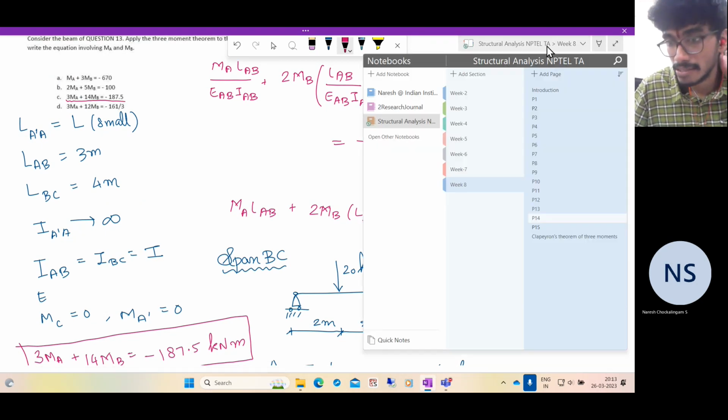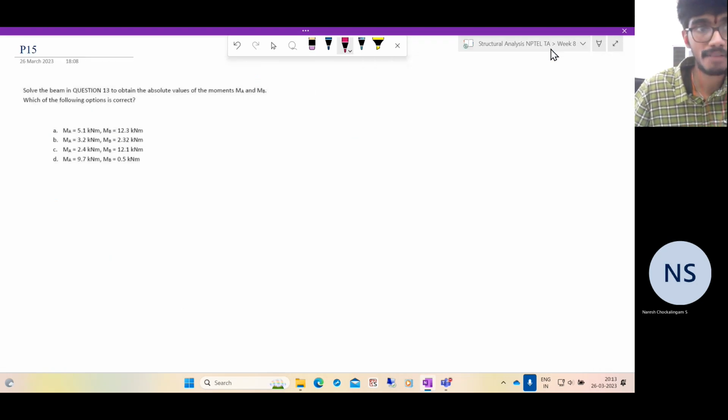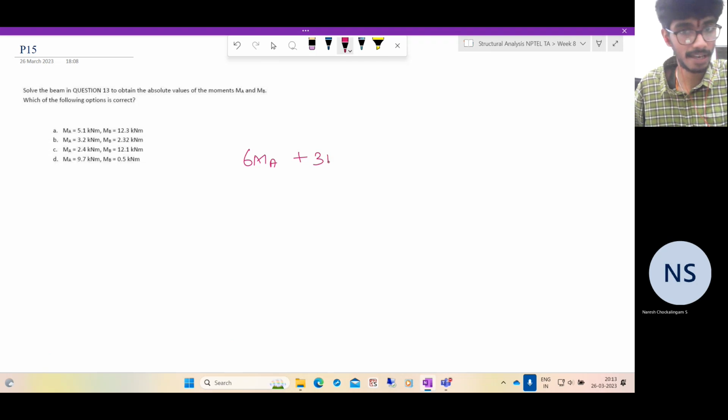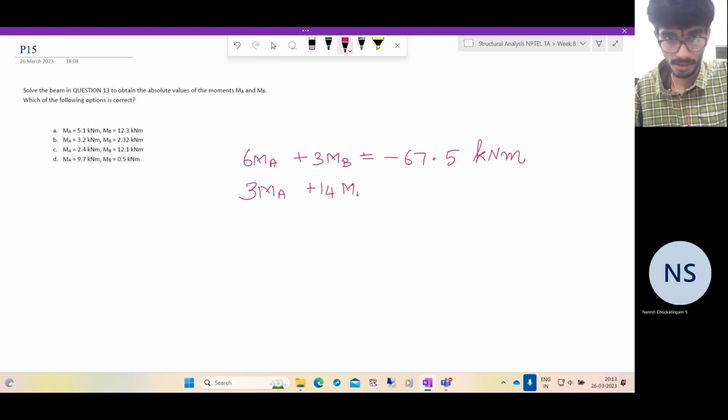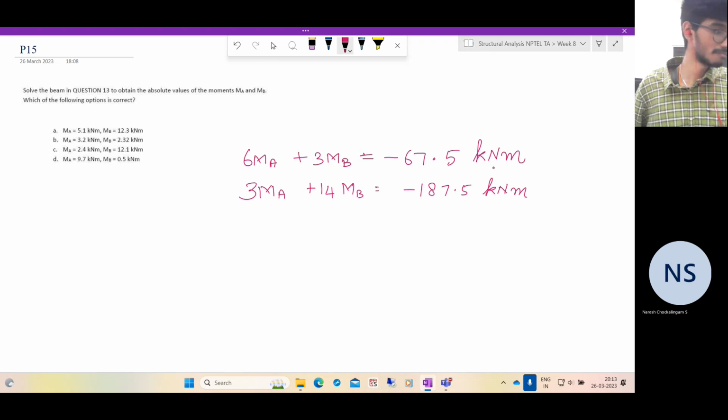Now that we have the two equations for the two unknowns, MA and MB, the last step is to solve them. So the system of equations is 6 MA plus 3 MB is equal to minus 67.5 and 3 MA plus 14 MB is equal to minus 187.5 kilonewton meter.